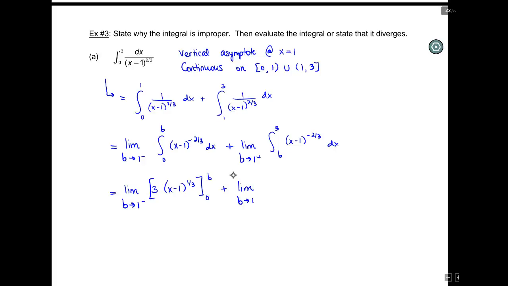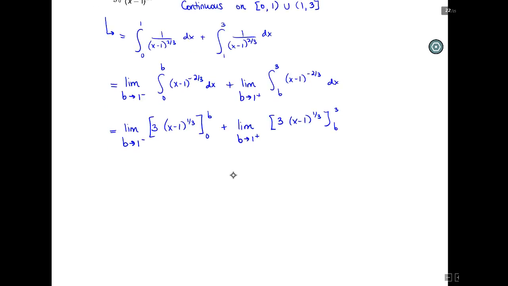Next is going to look exactly the same, except here it's from b to 3. So let's plug in our values. And the 3 can always be moved out in front if we want. So actually, let me do that first. I'm going to move the 3 out.